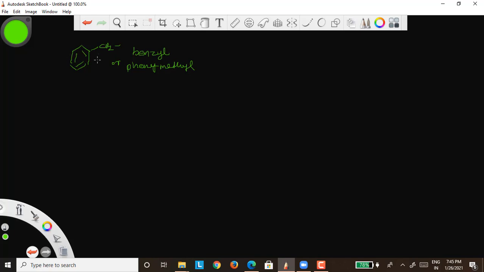Actually only benzene, if it is there, this is known as phenyl group. So only benzene is connected. This group is phenyl group and this formula is C6H5.